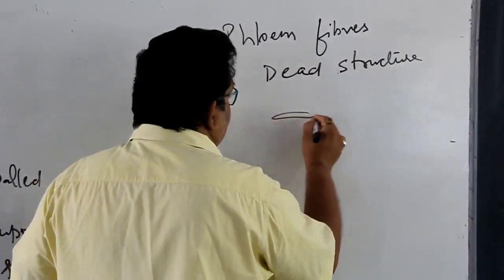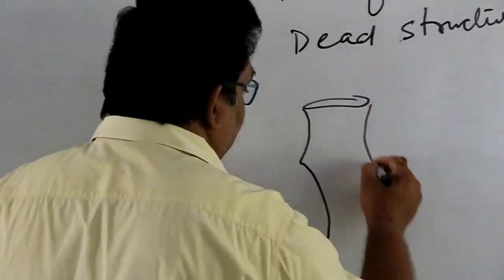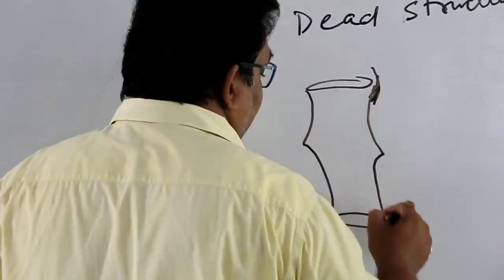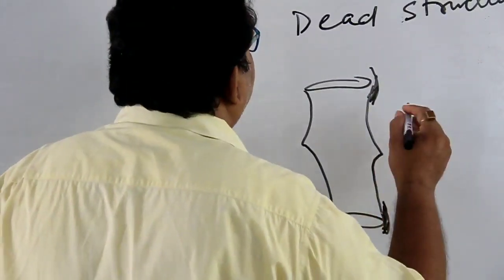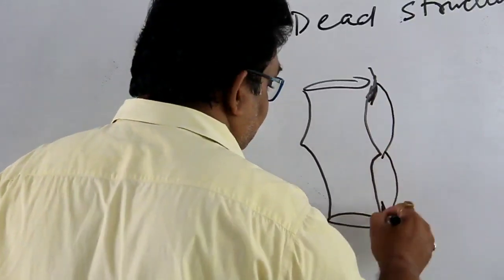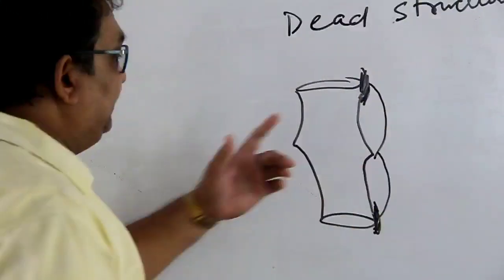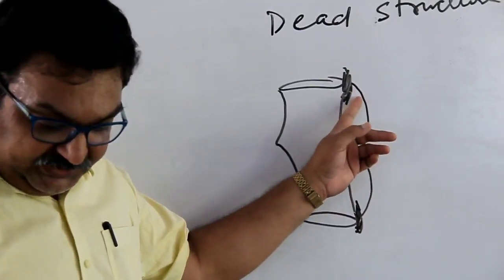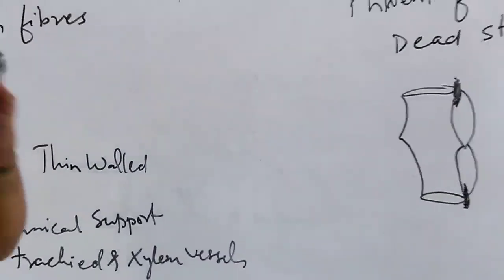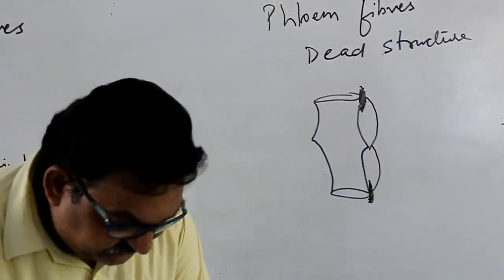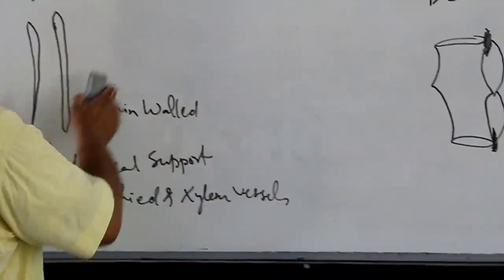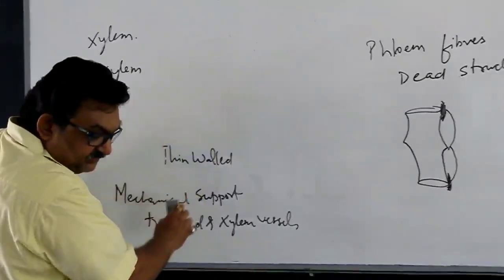And if you see the previous diagrams, this is the particular location of phloem fibers. As it is dead, it is placed between these two structures. This also provides strength to the plant. The last type of cell that you have in both the categories is xylem parenchyma.